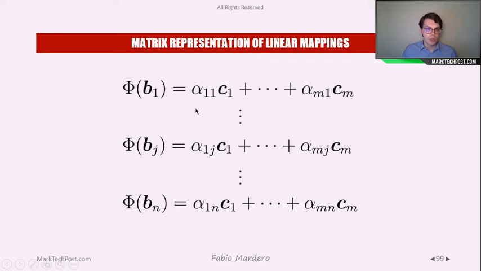Of course, we can represent every element of the basis in V as a linear combination of the basis in W, of course the linear map applied to each vector b_j.